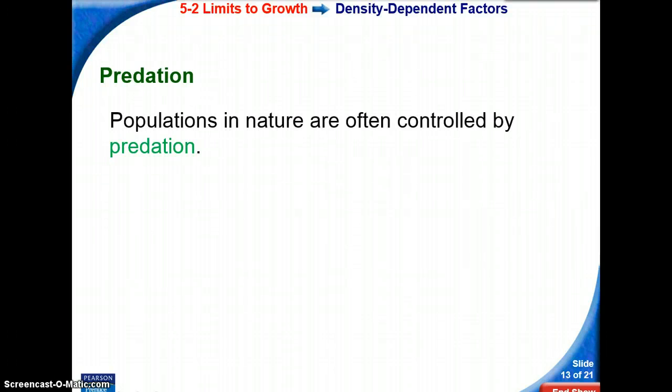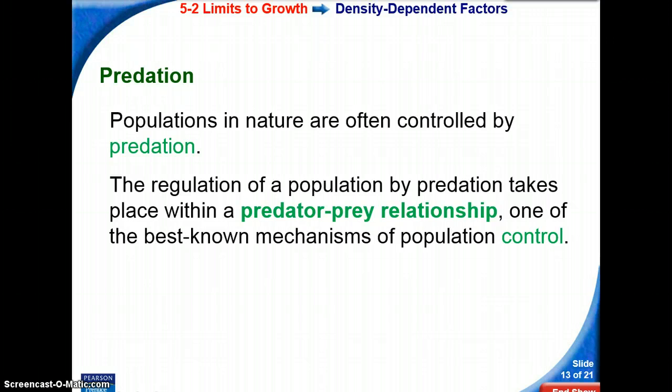The next density dependent limiting factor is predation. Populations in nature are often controlled by predation, and you should know about this. This is about the predator-prey relationship. You probably learned about this in elementary science, how one organism is a predator and one organism is the prey, and the predator always hunts the prey for food.